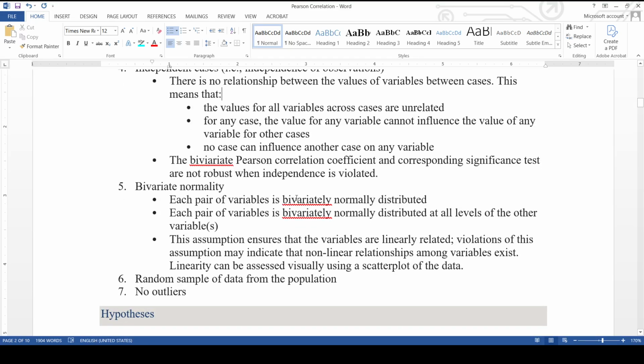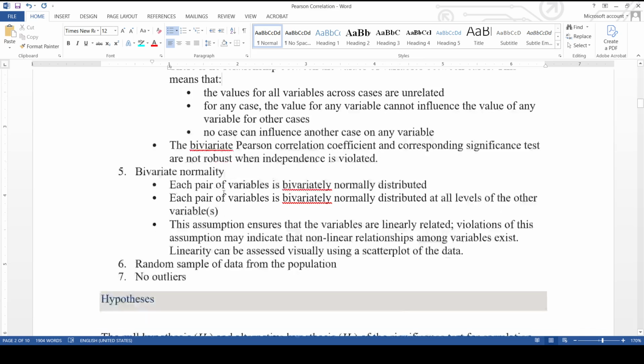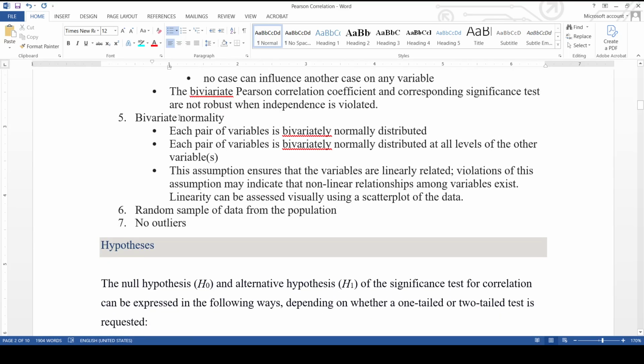Now, if you want to look at groups of non-linear variables, then you have to go to a test of independence, chi-square, and others, which we will get to shortly. Then the next one is bivariate normality. You may have to go and read more on normality, as you may not understand with the limited information I'm giving here. But normality in essence is that each pair of variables is bivariately normally distributed.